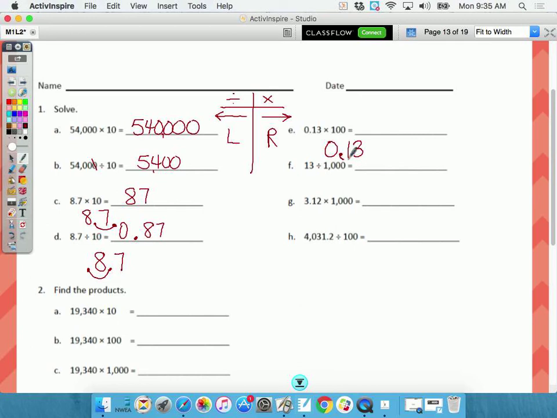How many place values do I move? 2. So I'm just going to write 1, 3. Do I have to write the decimal after it? No. Blair, did you write it down and hop your decimal? If you're not following along, when it comes time for the exit ticket, you're probably not going to get them right.